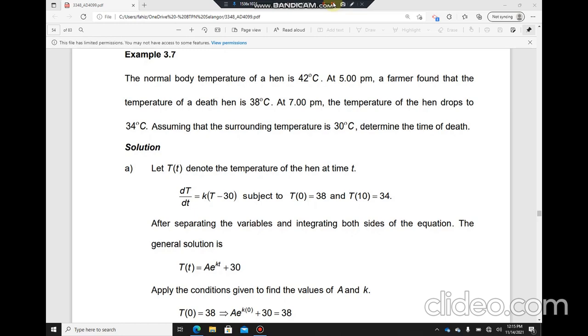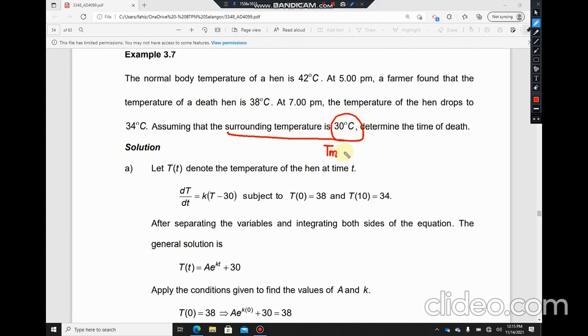Okay, so kita still lagi guna cara yang sama. First of all, kita ambil dulu maklumat kat sini. Dia kata assuming that the surrounding temperature, biasa kita cari surrounding temperature which is 30 degrees.